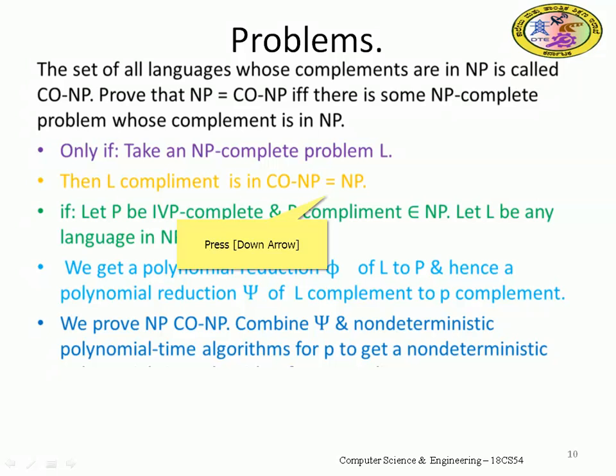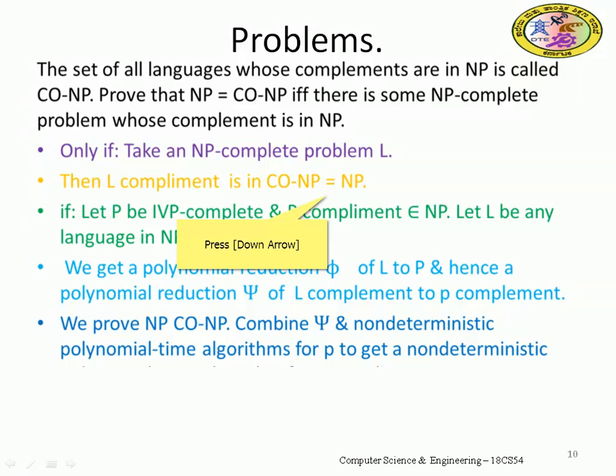Let P be an NP-complete problem, and P complement belongs to NP. Let L be a language in NP. We get a polynomial reduction pi of L to P, and hence a polynomial reduction psi of L complement to P complement.